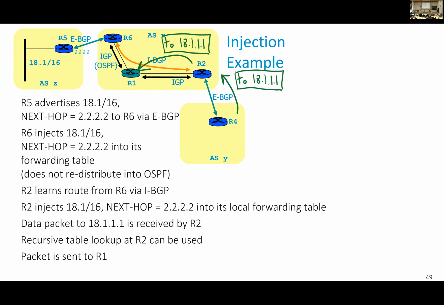Remember that with BGP, all the IP addresses of the BGP peers that are outside, but with whom we peer directly, must be considered internal addresses. So there is a next hop for this destination, which goes to R1 here. So the packet is sent to R1.